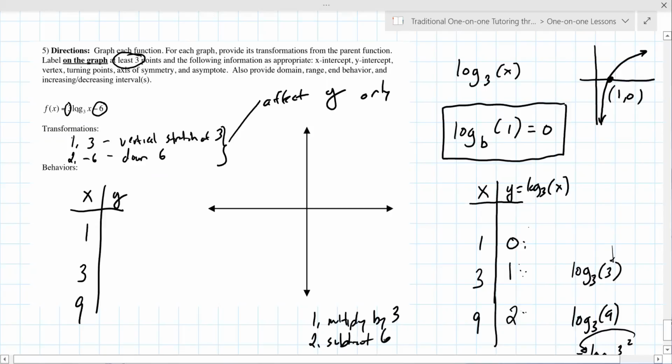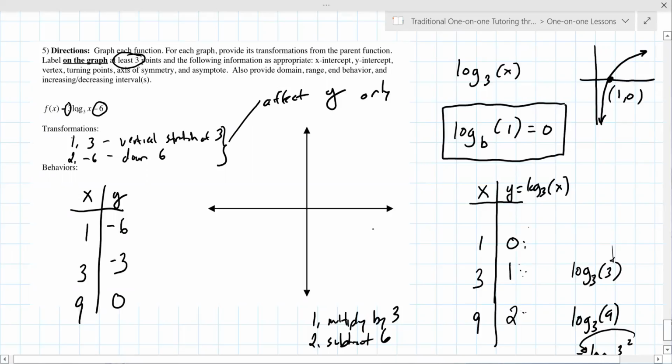If that's confusing, unfortunately that's the nature of these; that's how you use the parent function. We could also put these back into the equation, but you end up doing the same thing. So for 0, multiplying by 3 is 0, then subtracting 6 becomes -6. For 1, multiply by 3 is 3, subtract 6, so that's -3. For 2, multiply by 3 is 6, subtract 6 is 0.